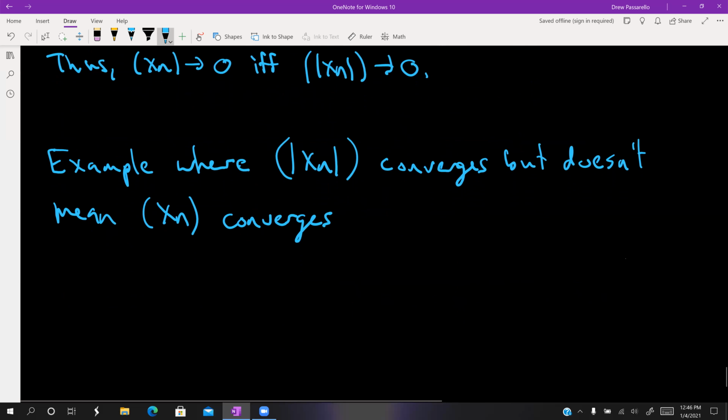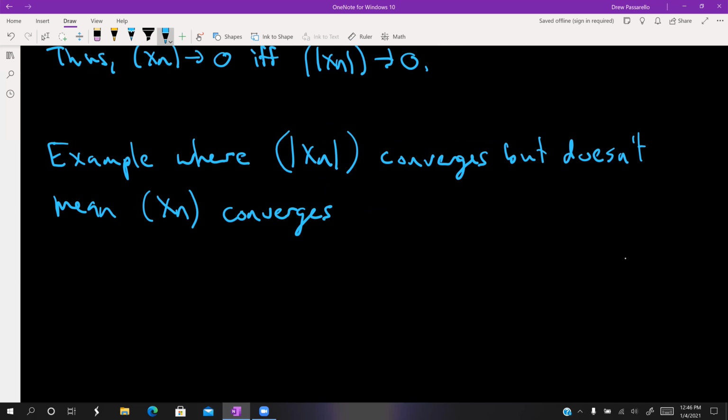And a simple example, I think, is to have the sequence xn, where it equals either -1 or 0, or let's see, I'll define it, sorry. So xn equals (-1) to the n power.